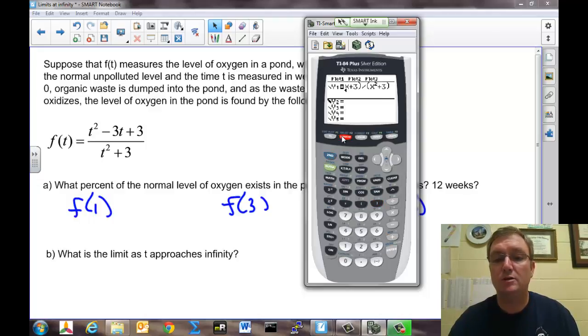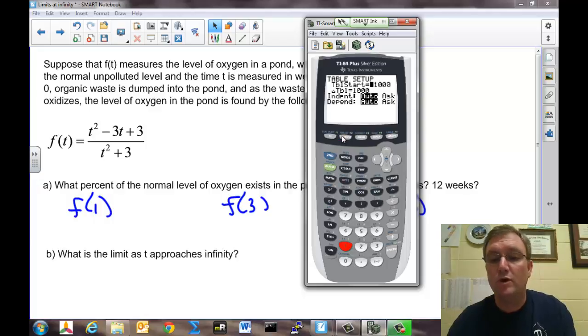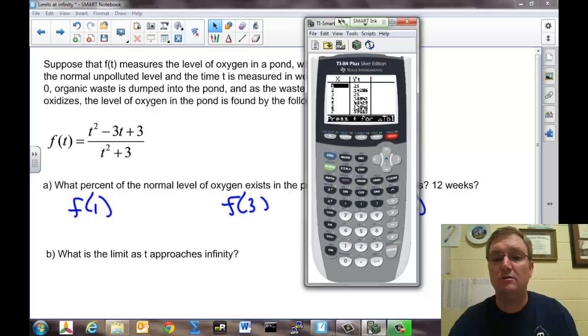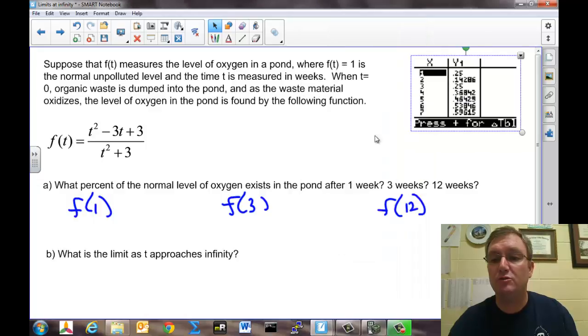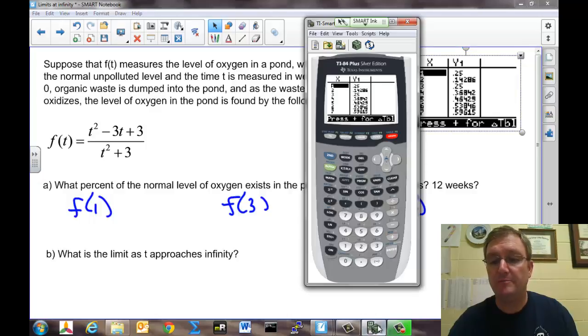I'm going to do a table set. We're worried about from 1 to 12. So if I start at 1 and go up by 1, I should be able to get my answers out. And it says 1 is 25.25, which is 25%. 3 is 25%. And if we scroll down, 12 is 75%.